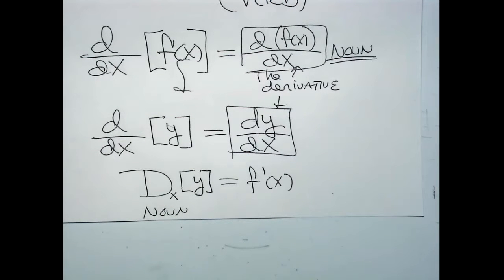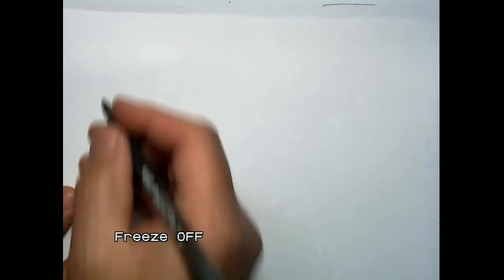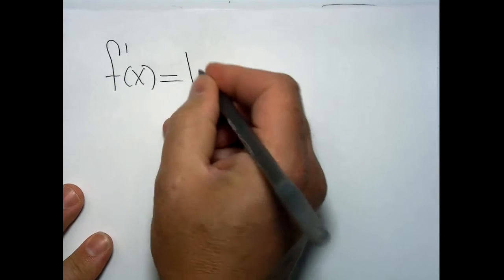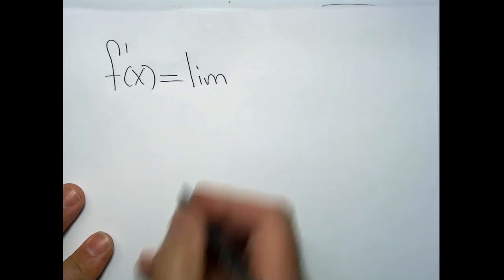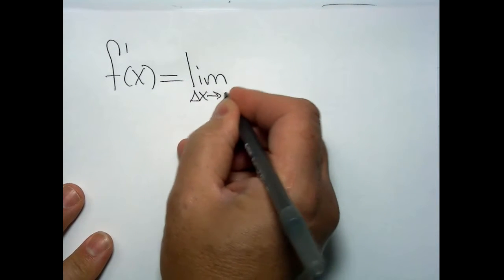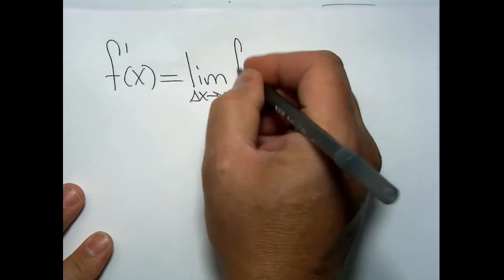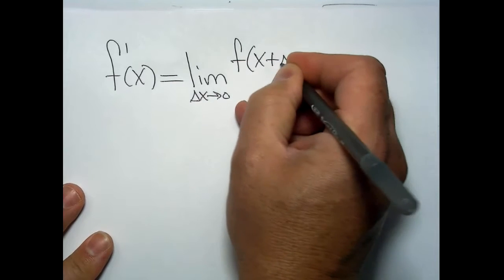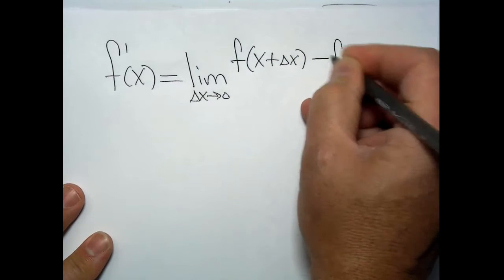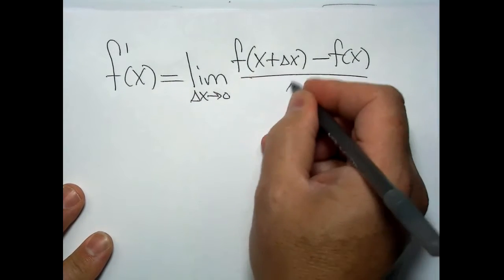Okay. Now I want to go back for a moment to the definition of the derivative. The definition that we know as of this moment is that f prime can be discovered as a limit process. As delta x goes to 0 of f of x plus delta x minus f of x all over delta x.